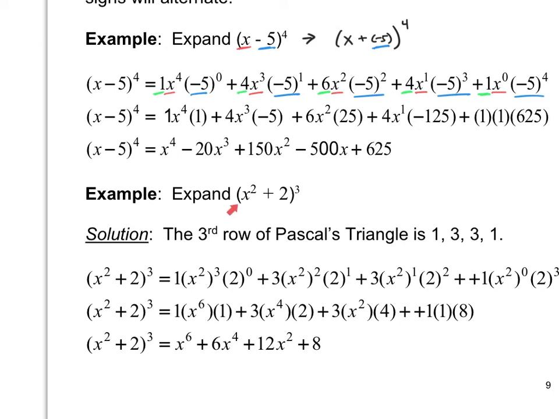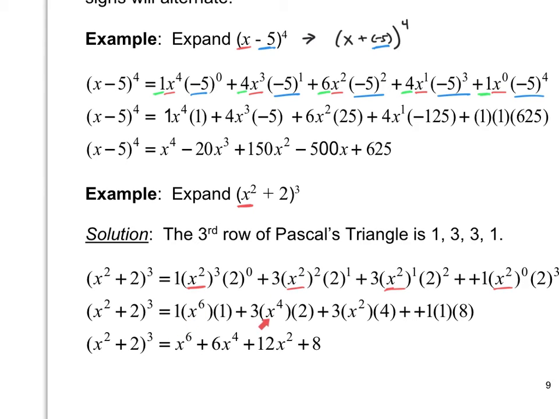Let's look at this one down here. This one already has an exponent here, and it doesn't change anything. When I put my numbers out, I'm going to put an x squared to the 3rd, an x squared to the 2nd, an x squared to the 1st, and an x squared to the 0. What happens when you raise an exponent to an exponent is you multiply, and that becomes x to the 6th.